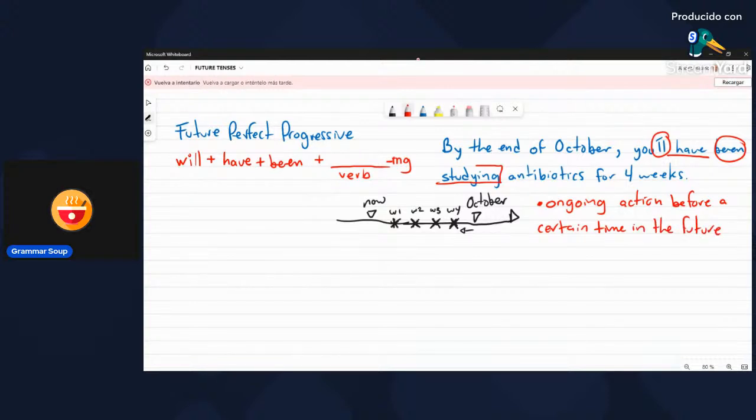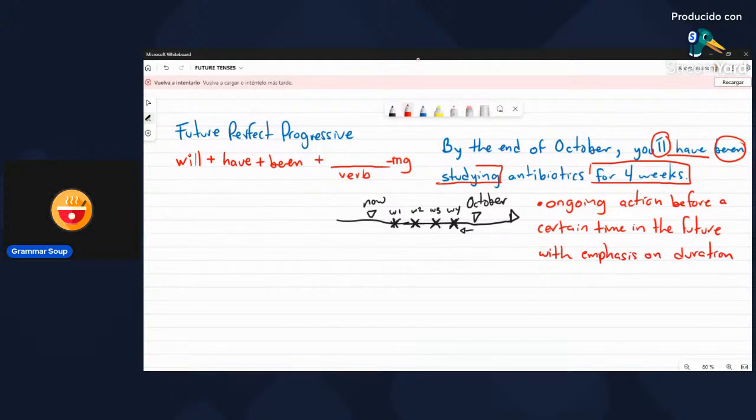And then I need to focus on the duration of the activity. For how long will I have been studying? 4 weeks. So I give emphasis to the duration of the activity. Time in the future with emphasis on duration.